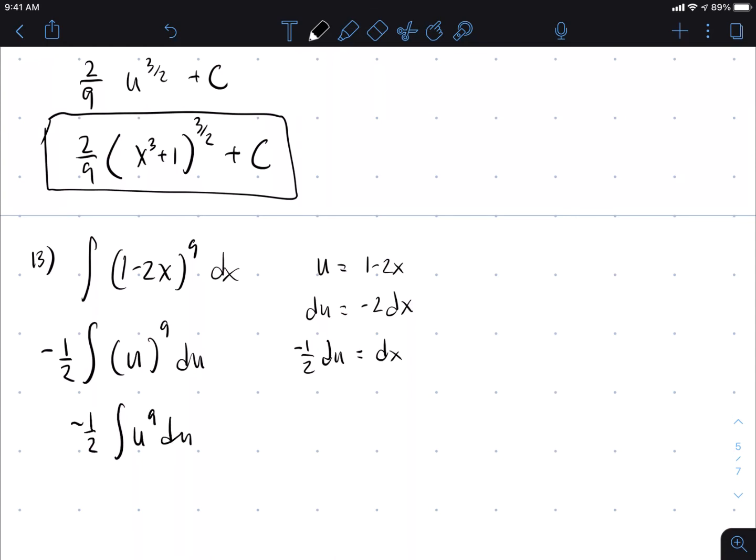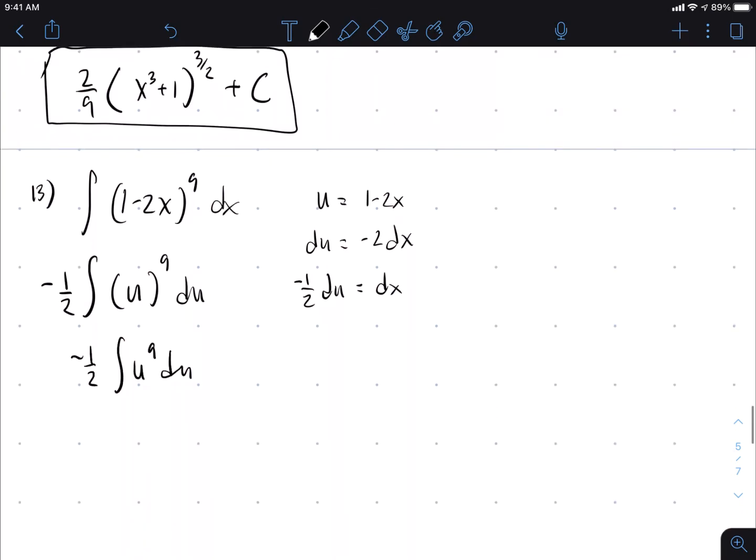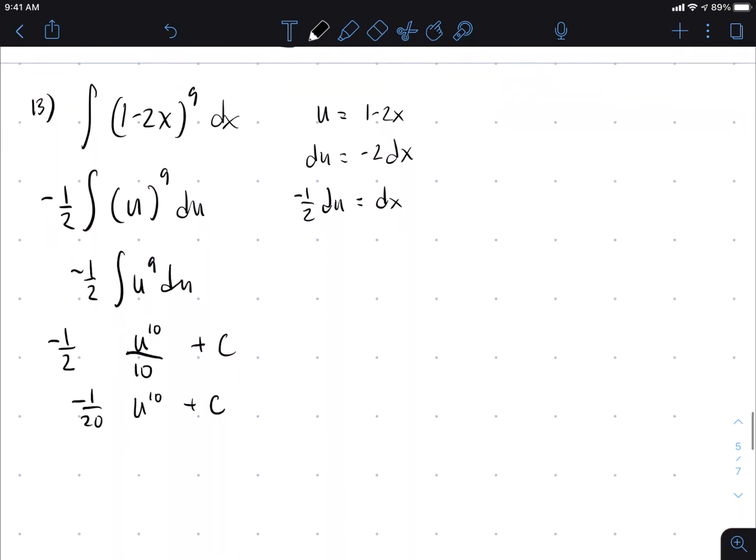Yes? So, can we do that integral? What's it going to be? u to the 10 over 10, right? And then let's not forget our constant because it's indefinite. So don't I get a negative 1 over 20, u to the 10th plus c?